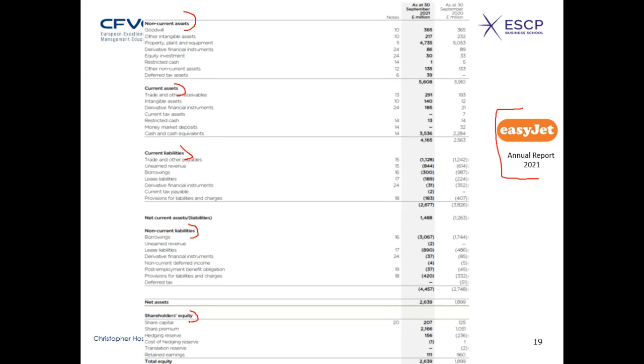Then once again, we see that the individual line items maybe are not the same, and we'll talk about this a little bit later. But we see also that they present all this in a very strange way.